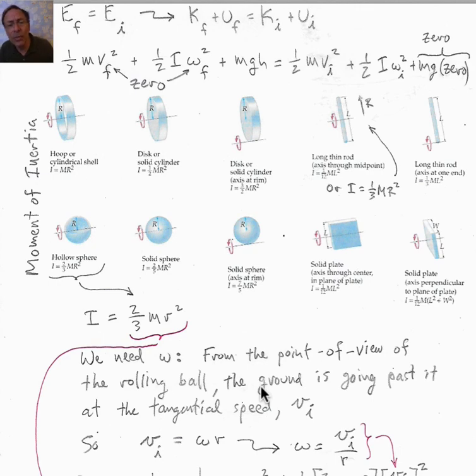So we use the tangential speed expression to work out what omega is. We have the tangential speed equals the rotational speed times the radius, and so we solve for omega, the rotation rate, and we get that it's v sub i over r.